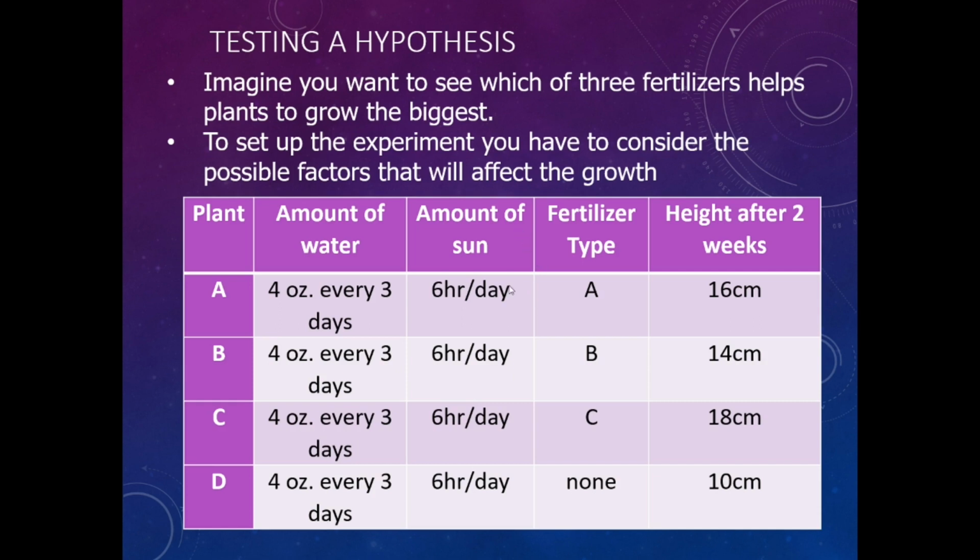The amount of sunlight is also the same every single day, 6 hours per day. The only thing that is different is the fertilizer type. Let's say we gave plant A fertilizer A, plant B fertilizer B, plant C fertilizer C, and plant D we gave no fertilizer. Okay, so there are a lot of really important things going on here.